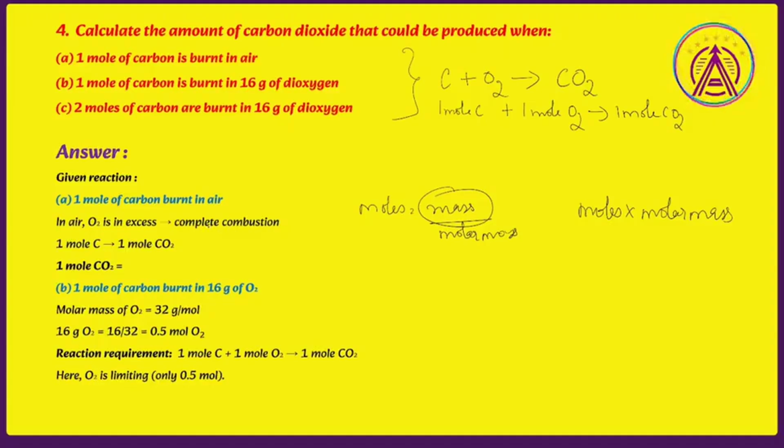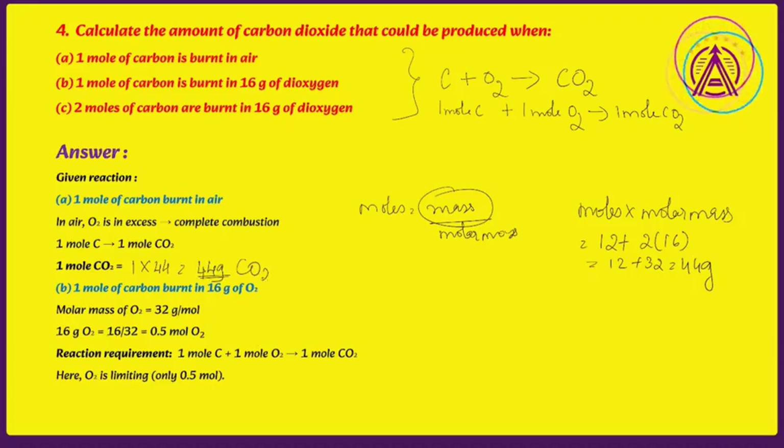So molar mass of carbon dioxide is nothing but carbon is 12 plus 2 into 16. Oxygen is 16. So I get 12 plus 32, which is 44 grams. So 1 mole of carbon dioxide is nothing but 1 into 44, which gives me 44 grams of CO2. So my first question is answered over here.